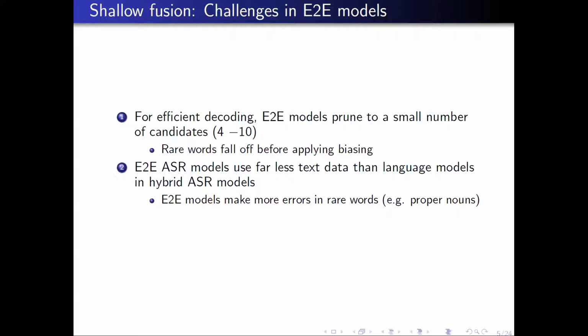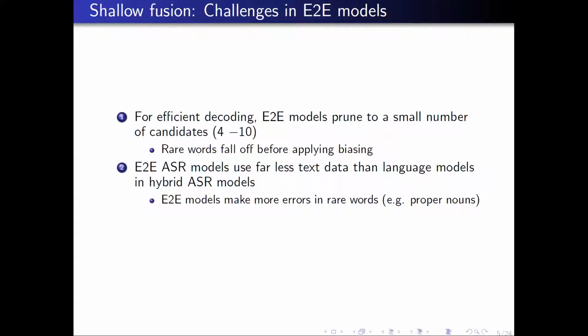One challenge is that end-to-end models are prone to keeping a small number of candidates. As a result, rare words such as song names fall off before being boosted by shallow fusion. Secondly, end-to-end models use less data during training than conventional models.